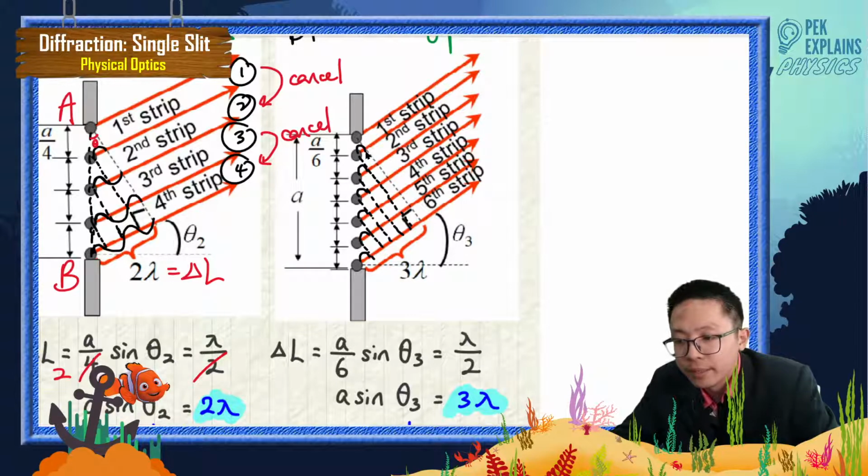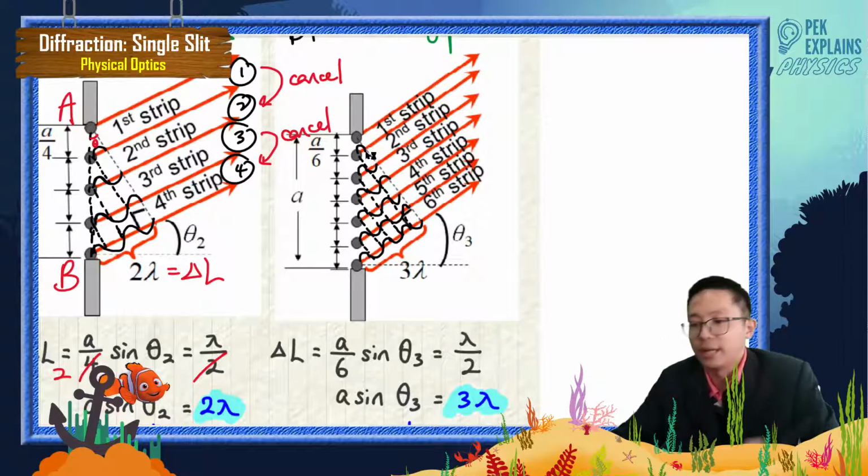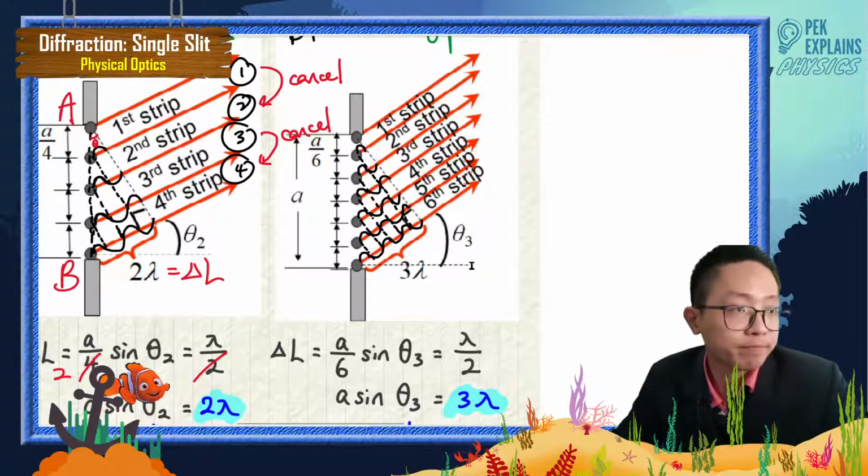So totaling up, this becomes 1 lambda, then 2 halves, then 3 halves, and this becomes 1, 2, 3 lambda. See that?